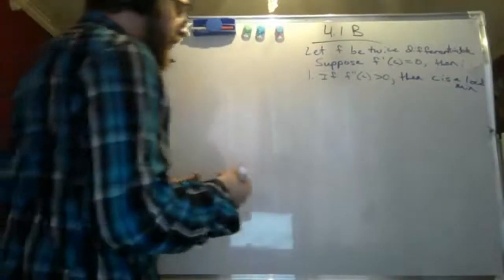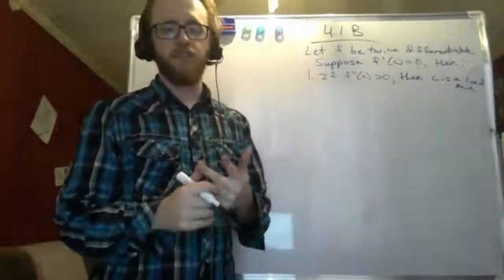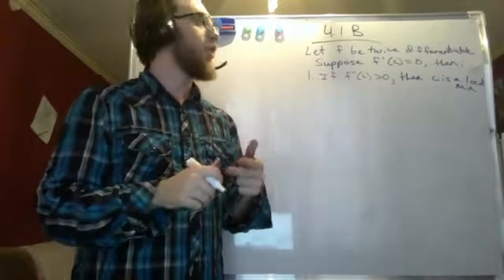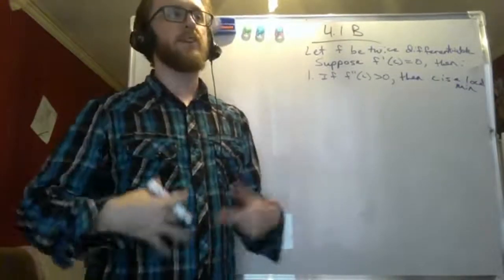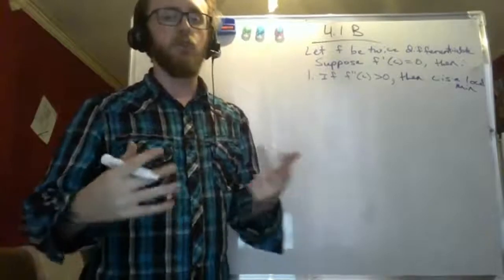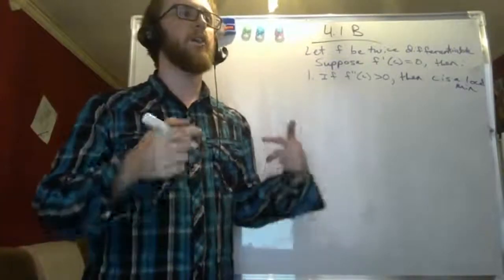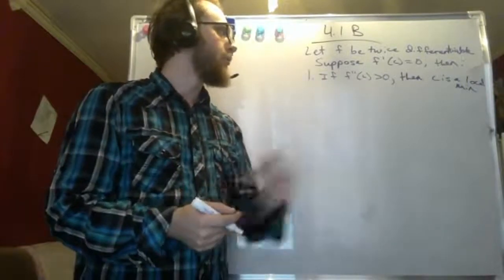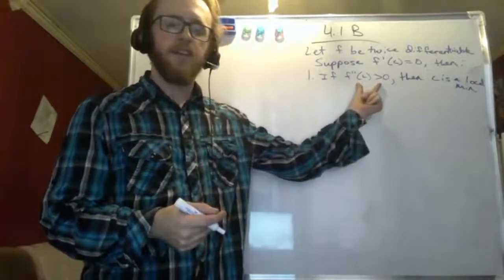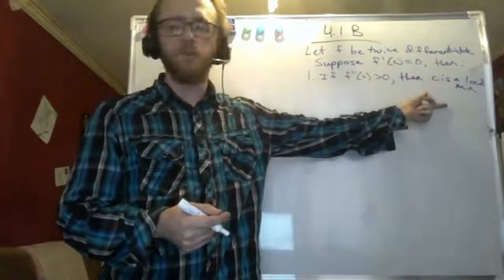Well, recall that local minimums and local maximums occur where we have critical points. So critical points are candidates for local mins and maxes. We know that's required in order to have a local min or max. But why does the second derivative give us this information that we automatically know it's a local min?